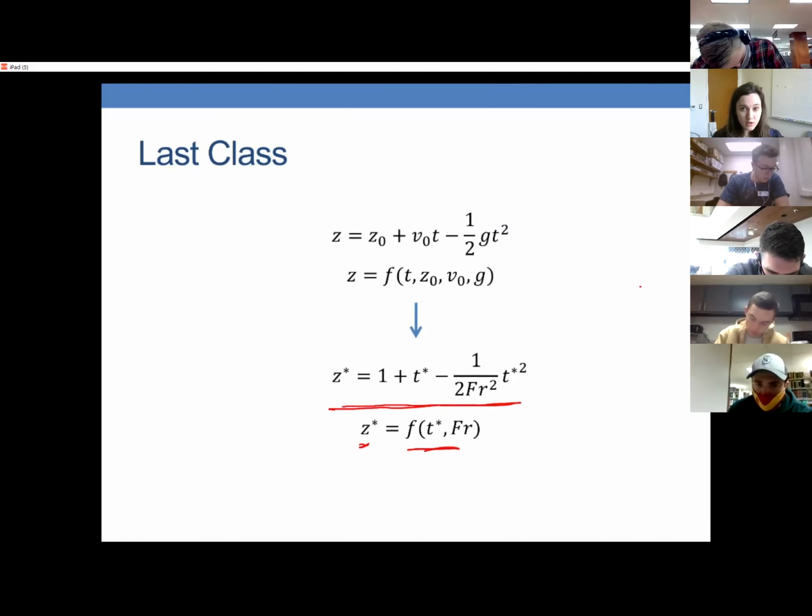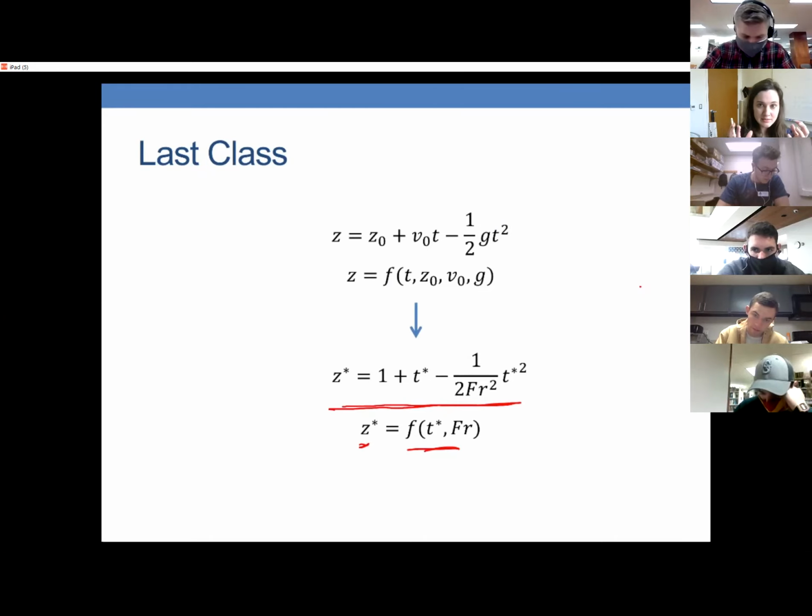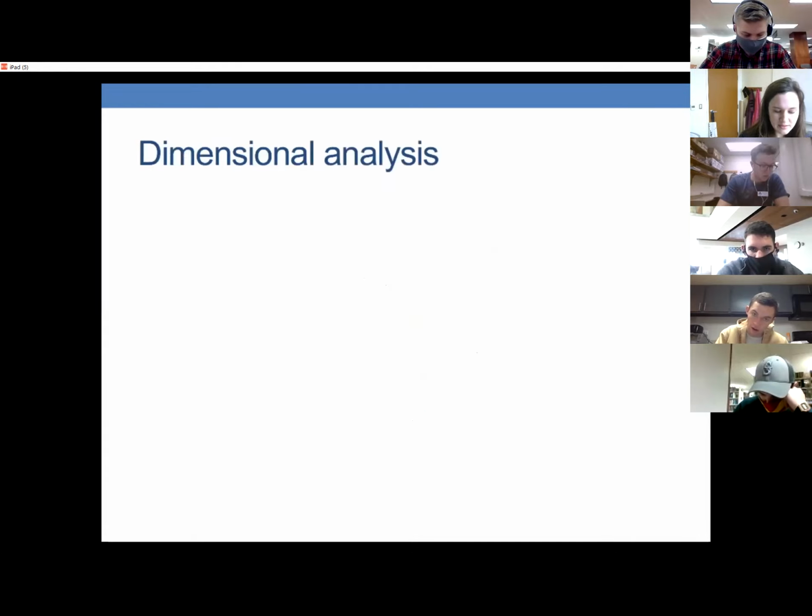In this case, we know what this equation is, but sometimes it is possible to figure out what dimensionless parameters govern the behavior of a system without actually knowing what the relevant equation is. And this can be really useful, and we will see how.